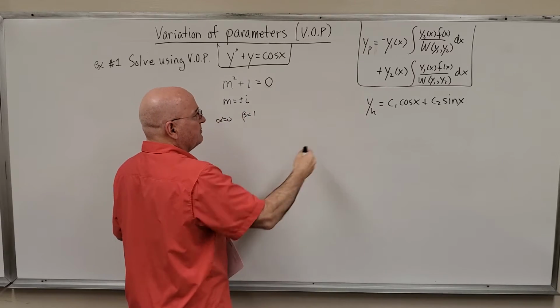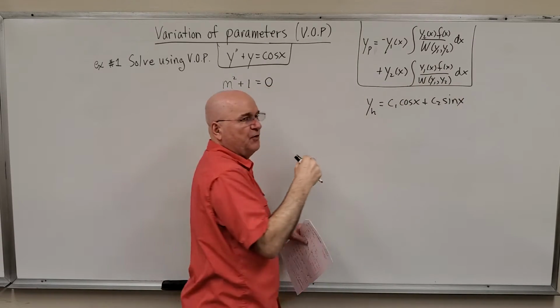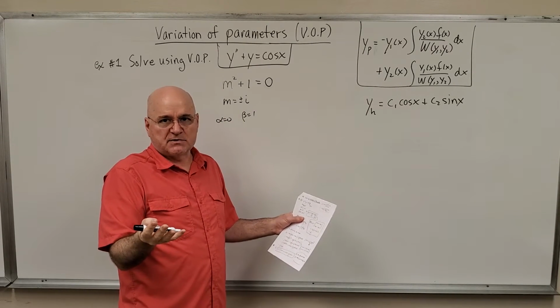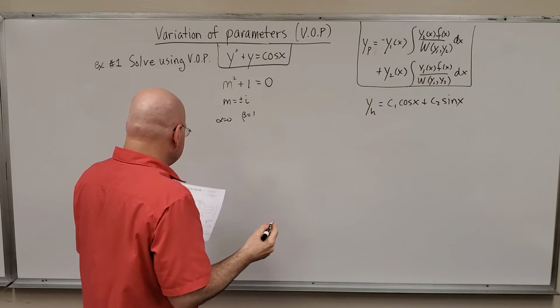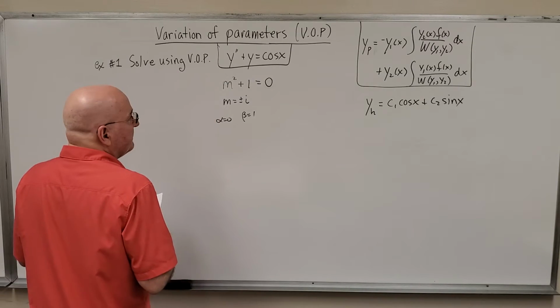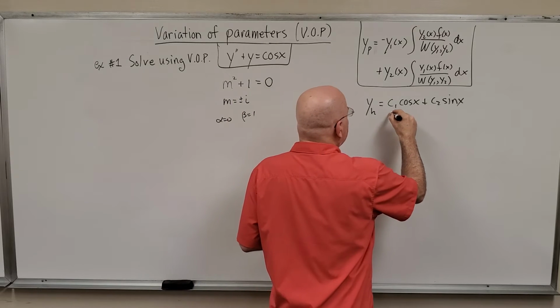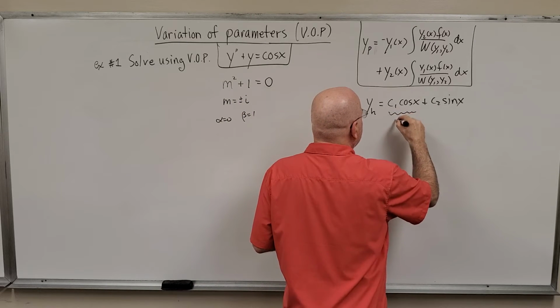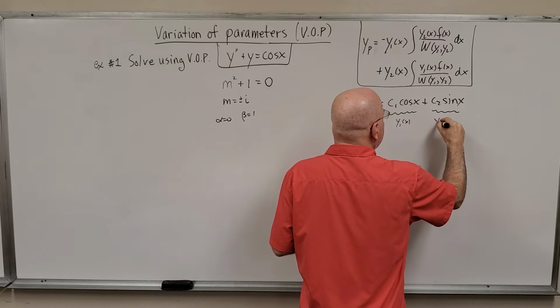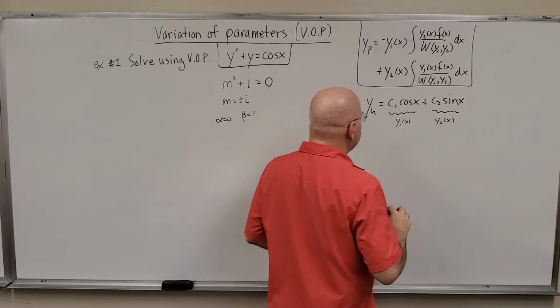Alpha is a 0, so we really have the whole thing being multiplied by an e to the 0x. But e to the 0 is just 1, so we left that off. So there's our homogeneous solution. We could call this our y1 of x, and this our y2 of x.